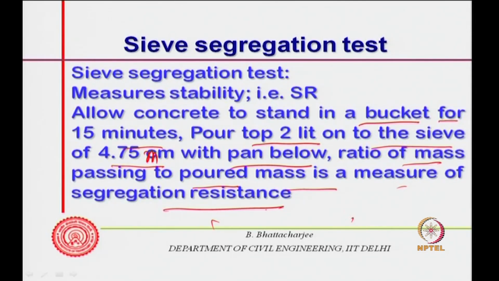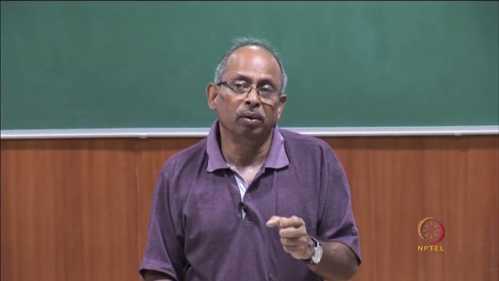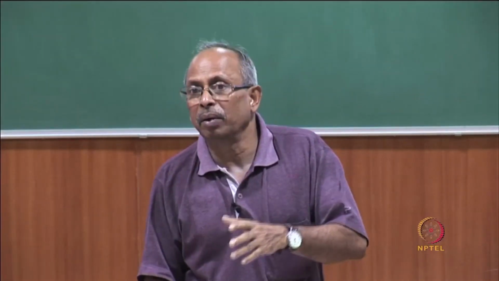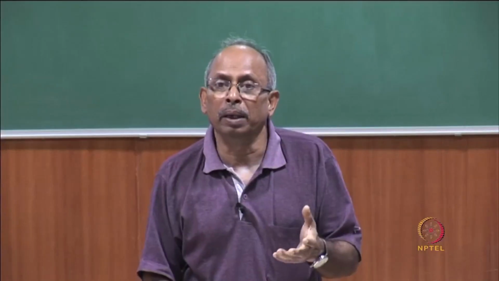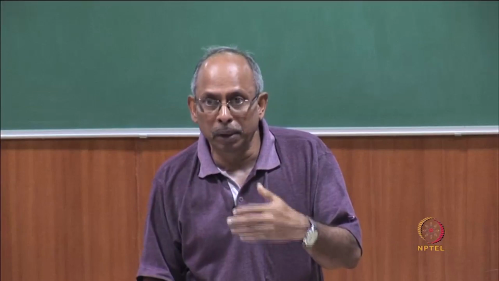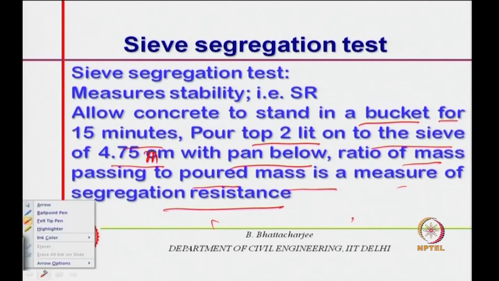So, the proportion of the mass passing is a measure of segregation resistance. If it is less, that means the relative proportions of the fines and water to the total mass should be appropriate.